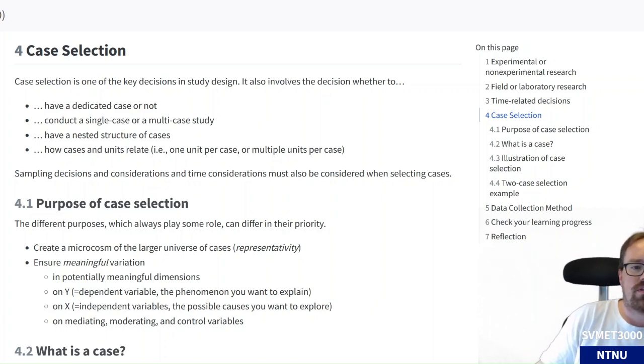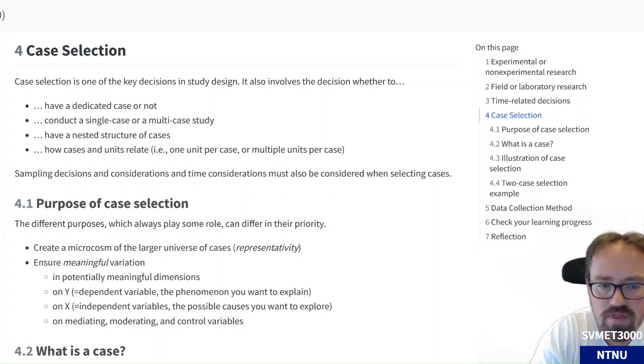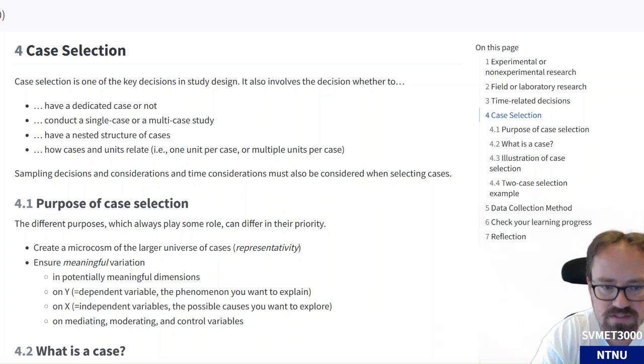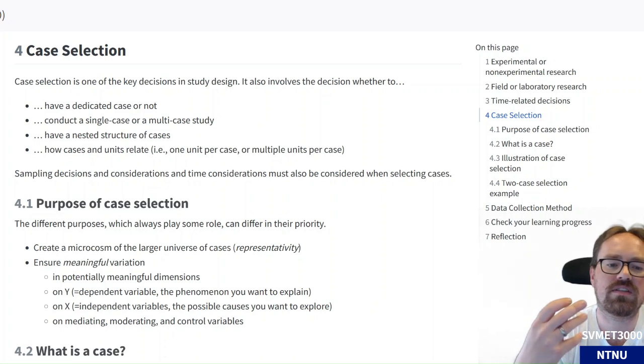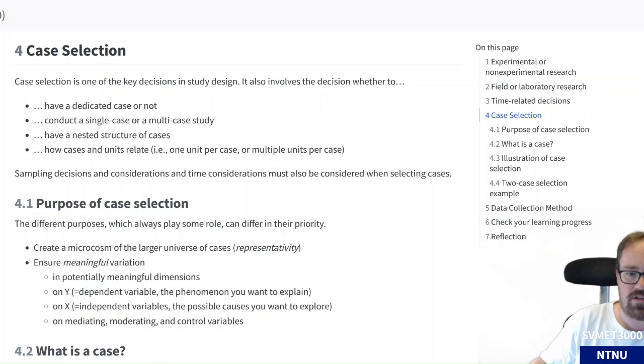You need to decide whether you have a nested structure of cases or a straightforward single level structure of cases. For example, do you conduct your research in specific municipalities that are part of a specific province, that are part of a specific state? That would be 3 levels.